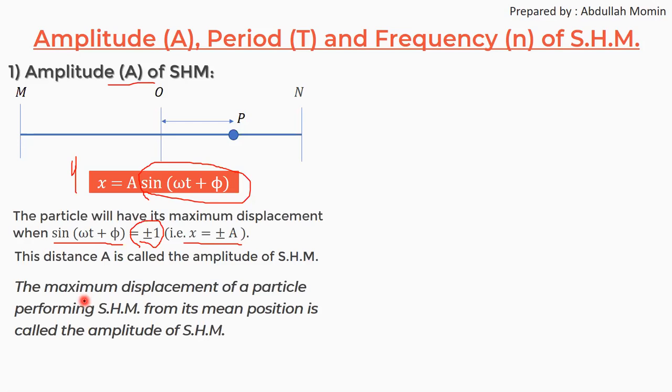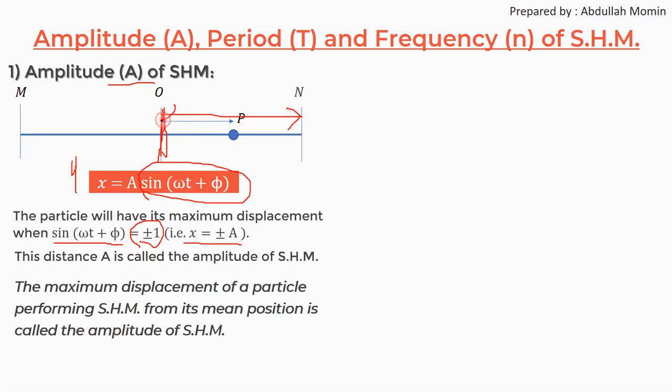So amplitude can be defined as the maximum displacement of a particle performing SHM from its mean position. Suppose point O is the mean position, and the maximum displacement in the right direction is ON.